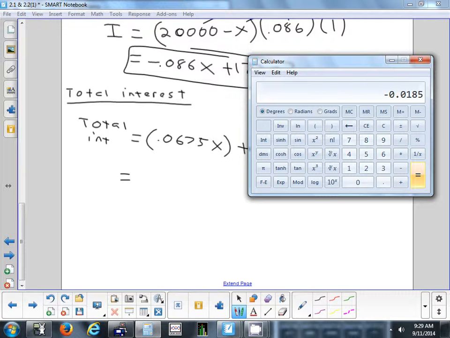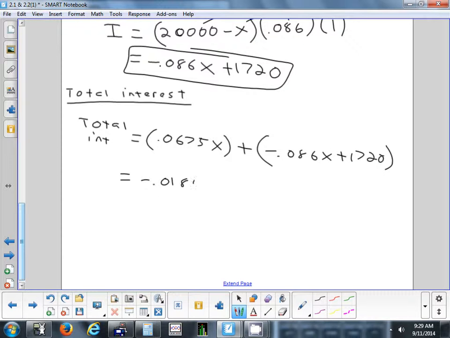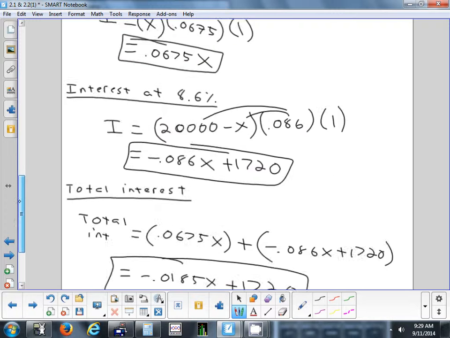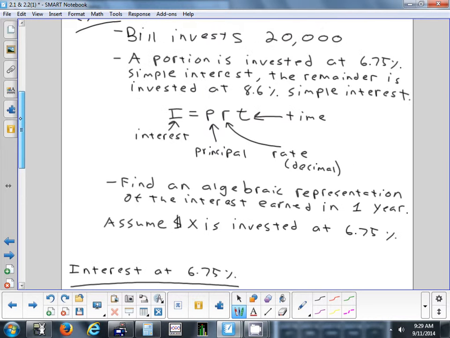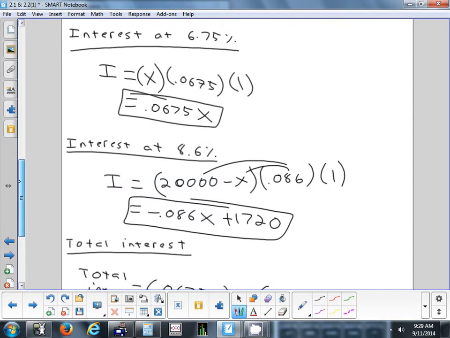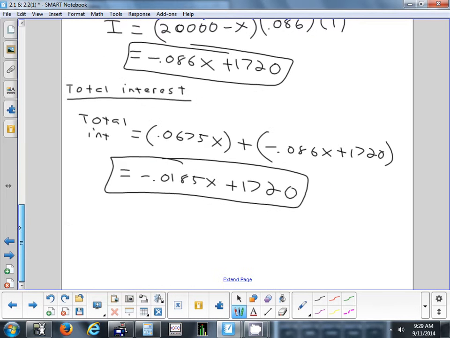Okay, so it's negative 0.0185x plus 1720. So that represents the total interest. Any question on that? Okay, so that's what they were looking for. Find an algebraic representation for the interest in 1 year. Okay, it's right there. Just remember that x is the amount of money that's invested at 6 3/4%.